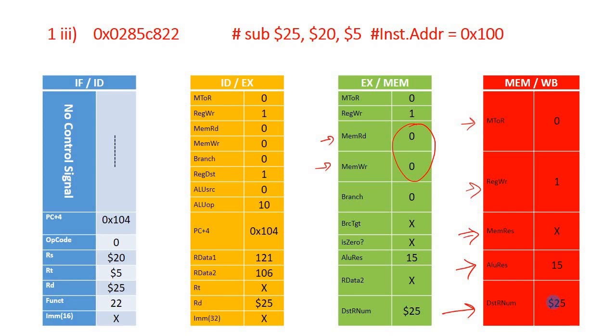So what I've tried to show you is how these three instructions would execute through the pipeline processor. And what we will see is the execution flow is actually exactly the same as your single cycle processor. Nothing has changed.